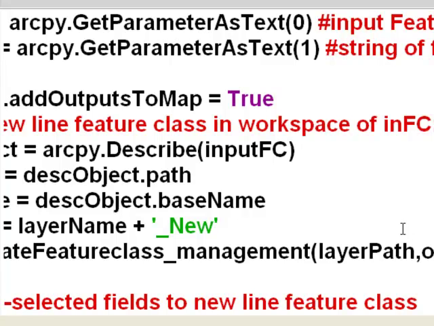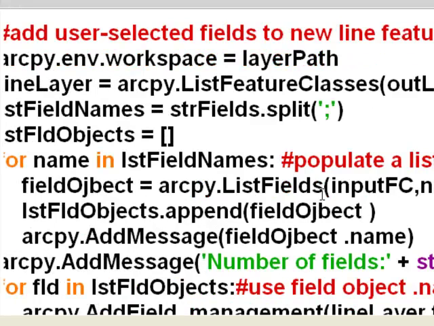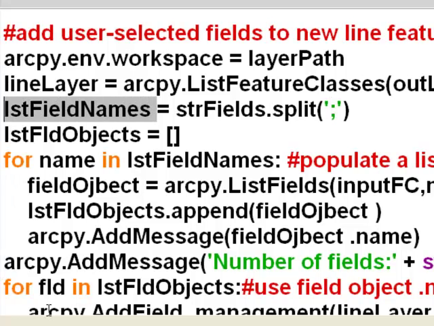Once we have this new output line feature class, we're going to add user selected fields to it. We have a string of fields from the user, and we'll split that looking for semicolon, and that will become a list of string of field names.